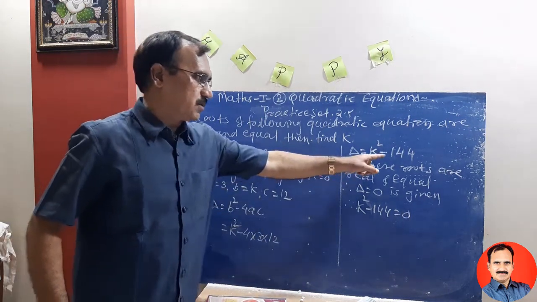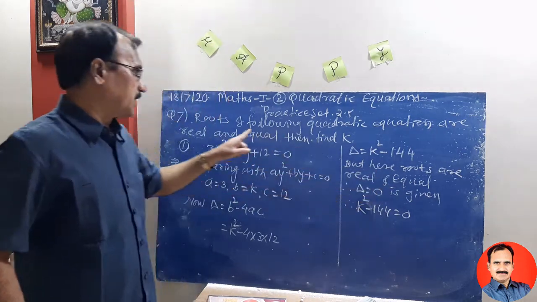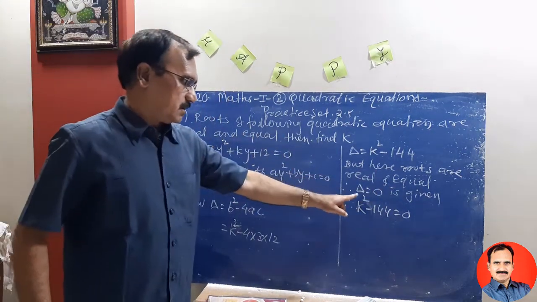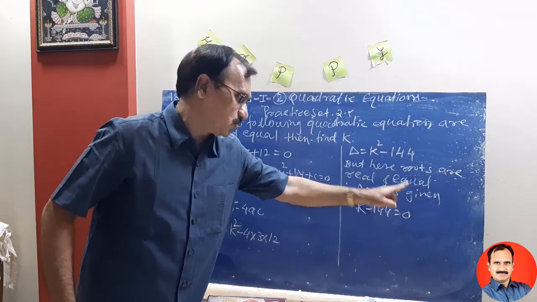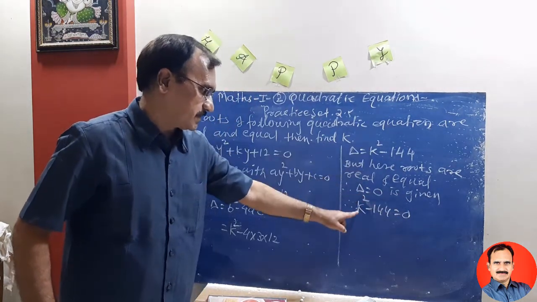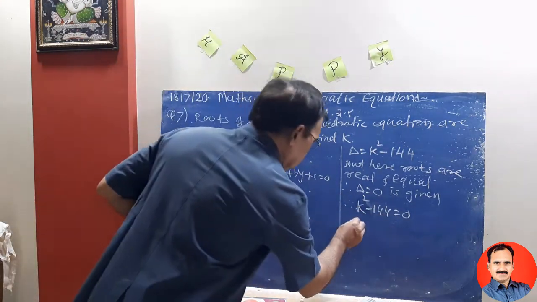Delta is equal to k square minus 144, but here roots are real and equal is the already given condition. That means delta is equal to 0. This condition means delta is equal to 0. Value of delta, k square minus 144, is equal to 0.